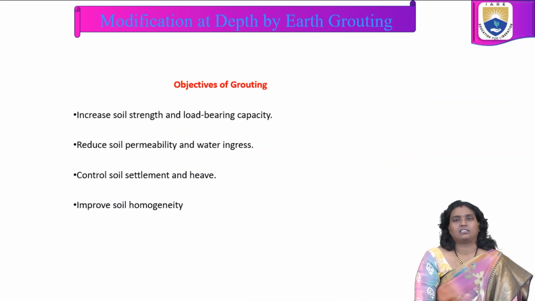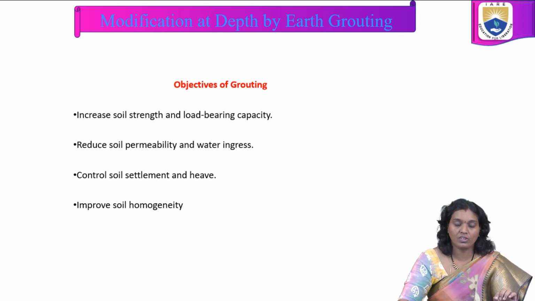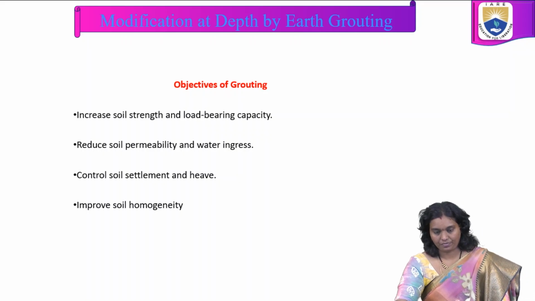In this lecture, these are the objectives of grouting: to increase soil strength and load bearing capacity, reduce soil permeability and water ingress, control soil settlement, and improve soil homogeneity.